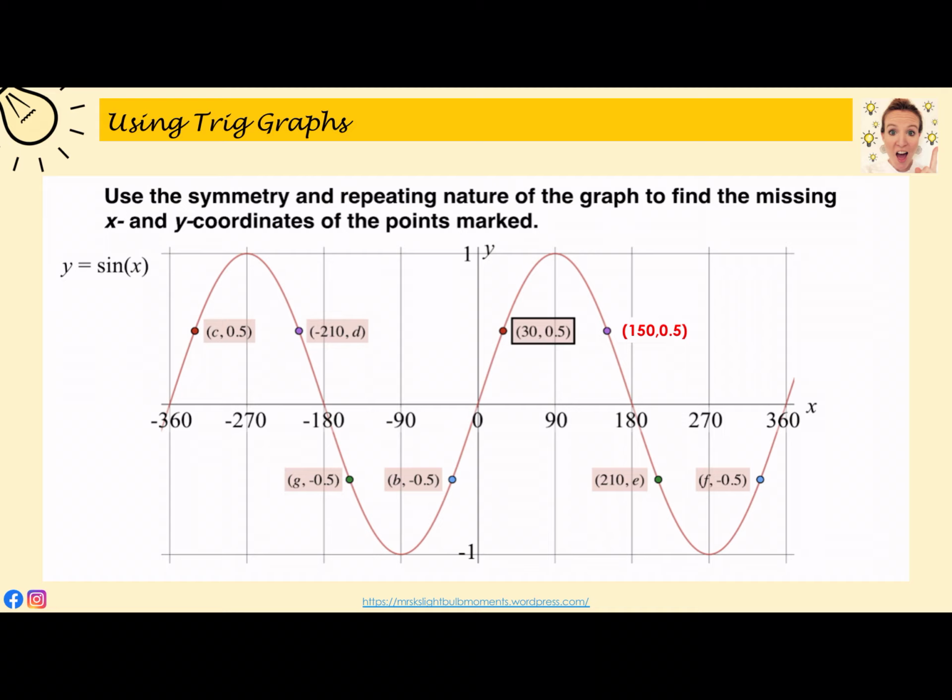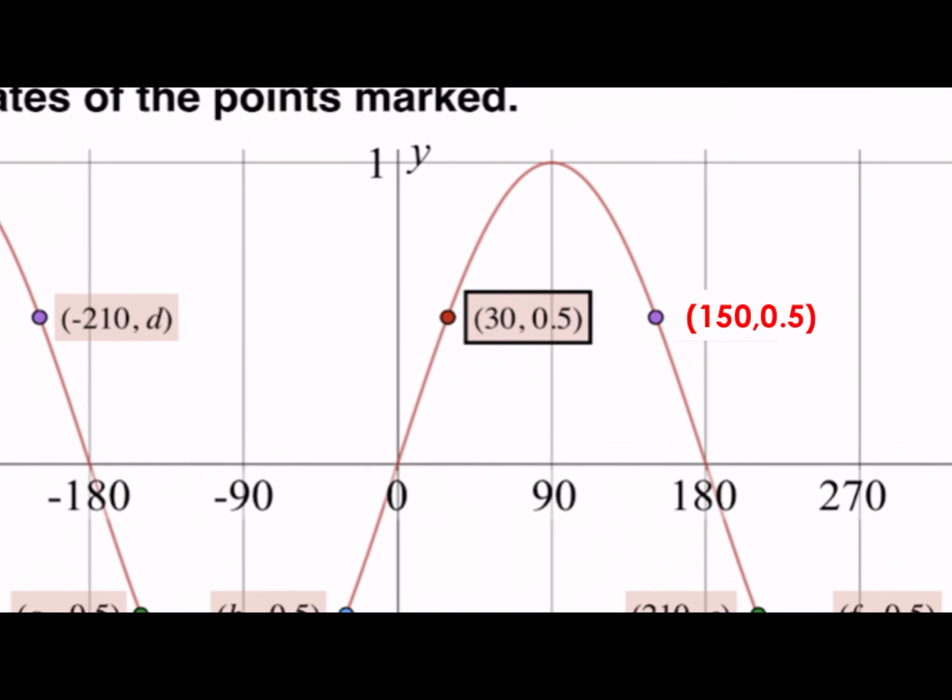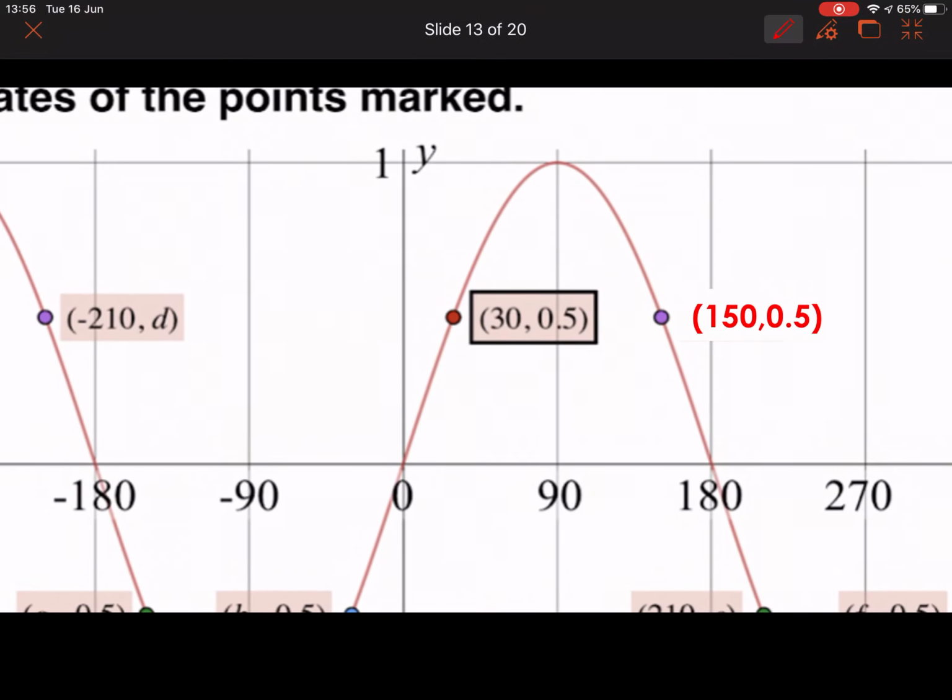Can we spot why that is? So I'm just going to draw the diagram here. If you can see this 30, 0.5, that comes down at 30. This one comes down here. Now the curve is symmetrical. That means that's 30 out from the intercept.